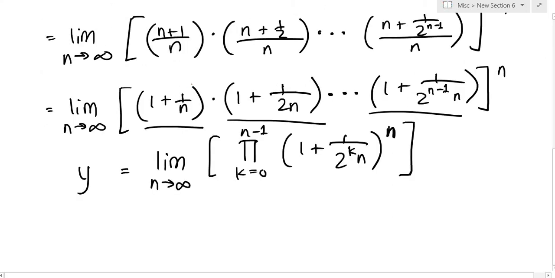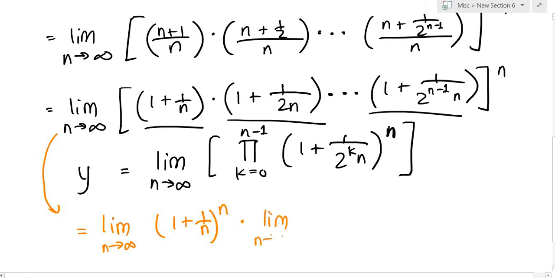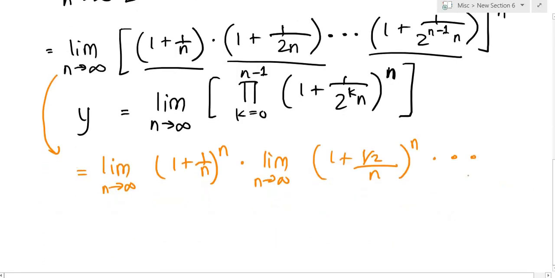Well, there was actually a quicker way of doing this problem, because from this step, if you could separate everything out, say the limit as n approaches infinity of 1 plus 1 over n, all to the n, and then the same thing, the limit as n approaches infinity of 1 plus 1 over 2 over n raised to n, say for n minus 1 terms.